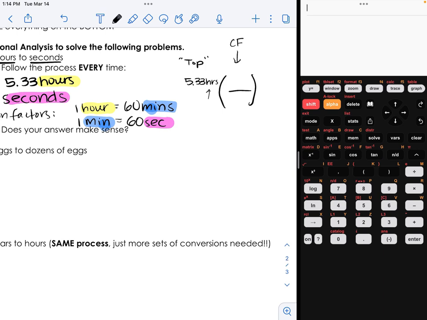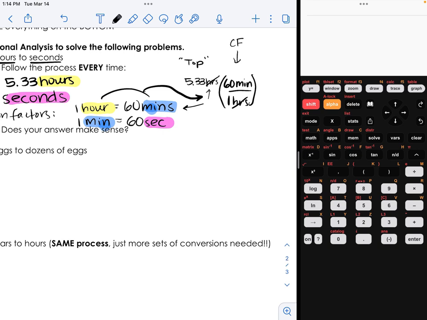The way that we do that is we find our conversion factor that also has hours. So 1 hour equals 60 minutes. And we put the hours on the bottom. I took this conversion factor and I just organized it in this way. When 2 things are equal, you can put them above and below each other like a fraction. I decided to put the hours on the bottom because when you have 1 unit on top somewhere in your dimensional analysis problem and 1 unit on bottom, you can cancel them out.